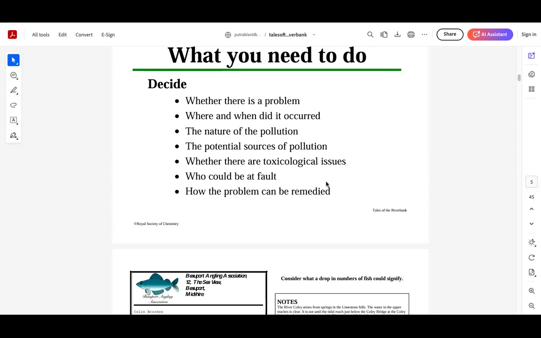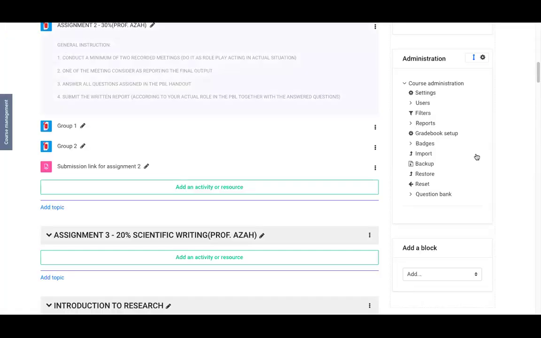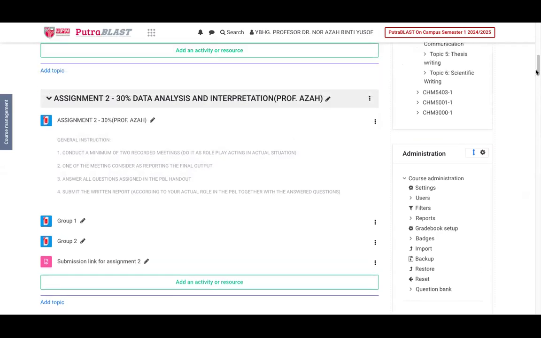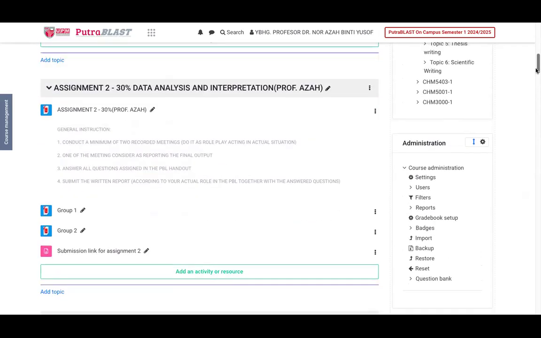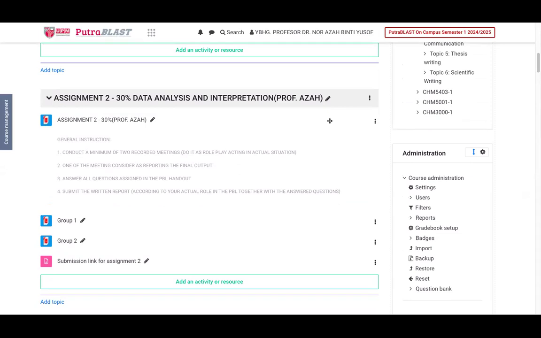Group 1, I will share the additional data, but at least you can start reading the assignment. I plan to stop before 11. This assignment, I'm giving you a month to complete, inclusive of everything, meetings and report submission.